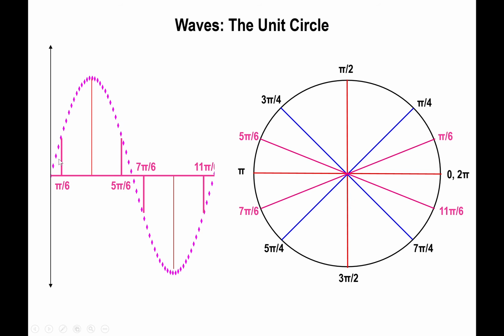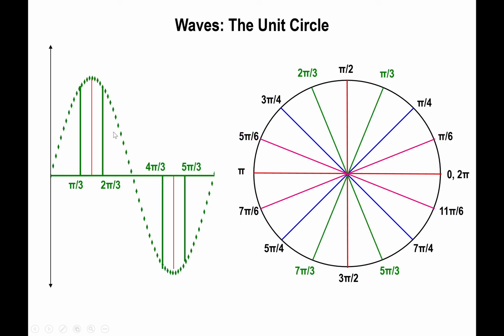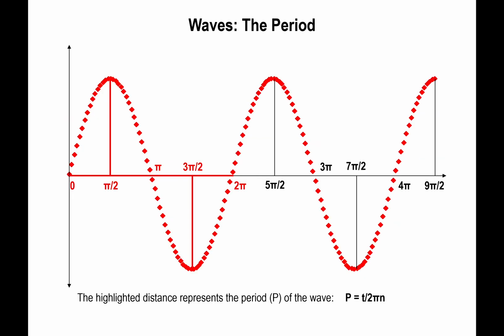Those are the ones closer to the extremes of the waves, right? They're farther to the left or farther to the right. And then you have your pi over 3s, which are closer to the middle of the waves. They are actually closer to the pi over 2 vertical axis. So this is just a reminder, nothing more than that.